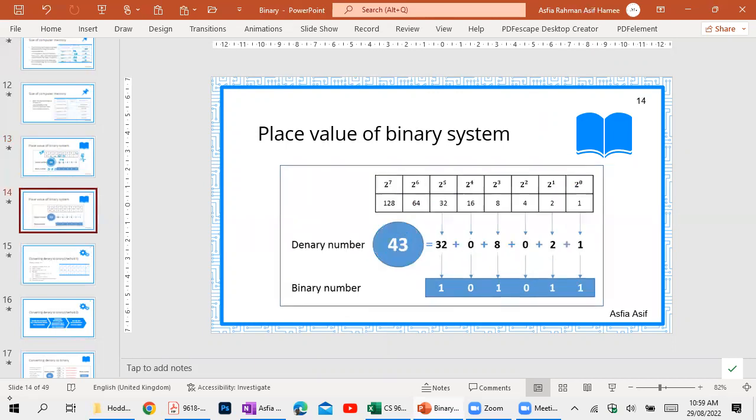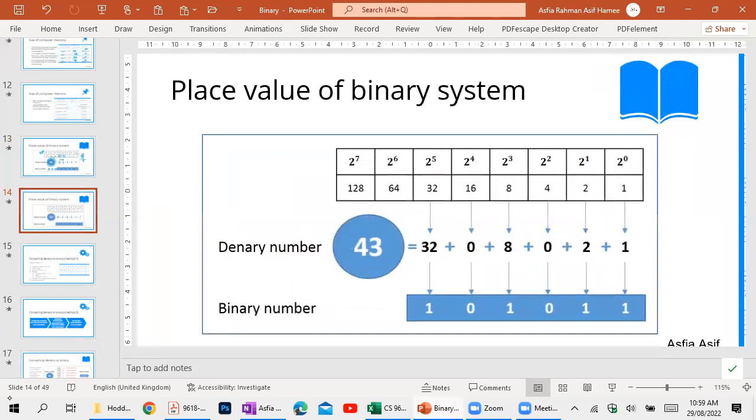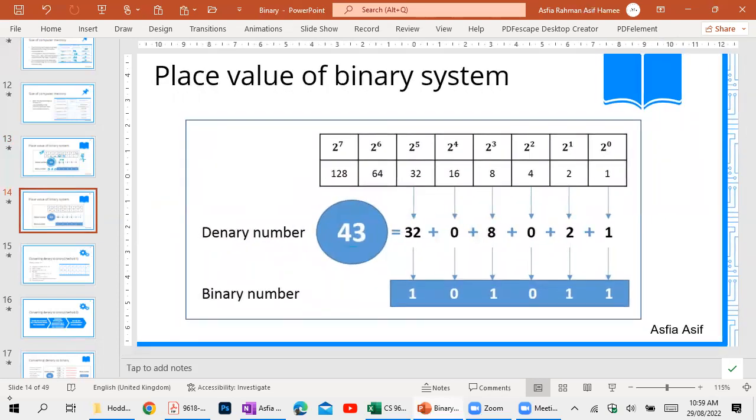So this is one way to calculate the binary number. Again, 43: the lesser number will be 32. You subtract, which leaves 11. Then 16 is higher, so 8 is the lesser number. 11 minus 8 is 3. 4 is higher than 3, so we make it 0, then 2, and then 1.